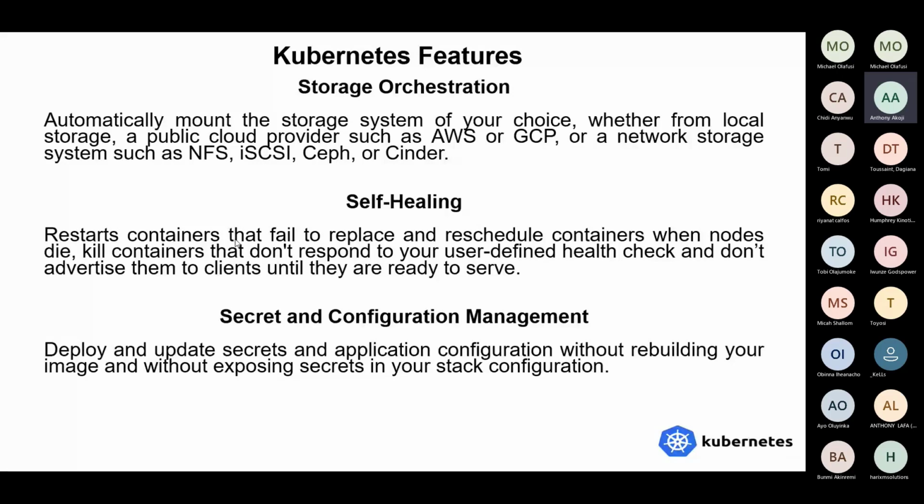But what Kubernetes does for us is that once a particular container goes down or fails to come up, it automatically tries to restart that application by itself. And once it sees that it is not going to restart, it kills that container and spins up another one so that the clients can use them.